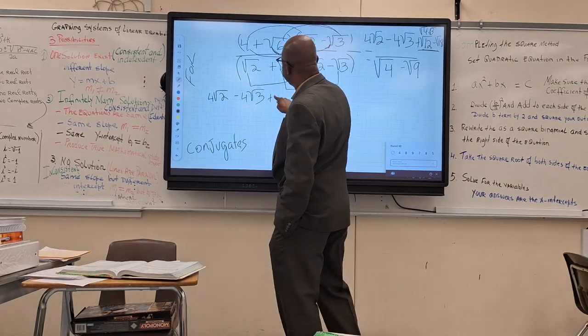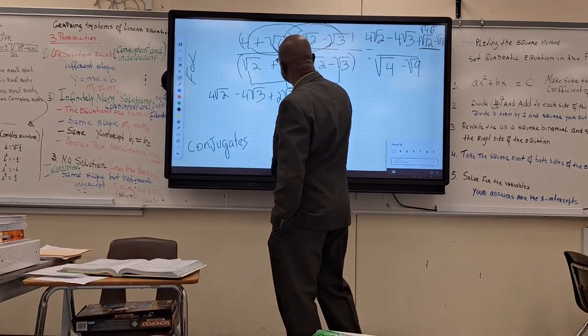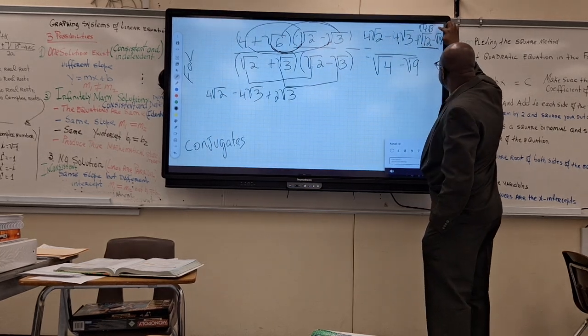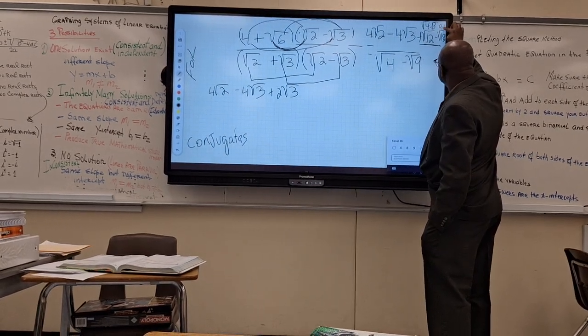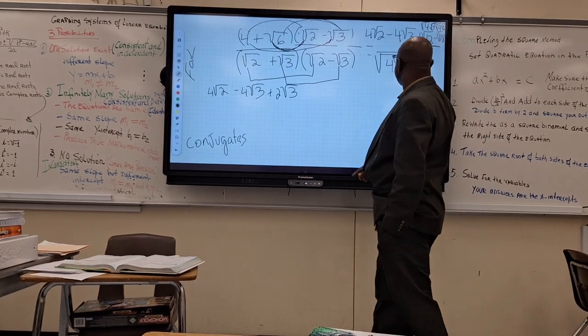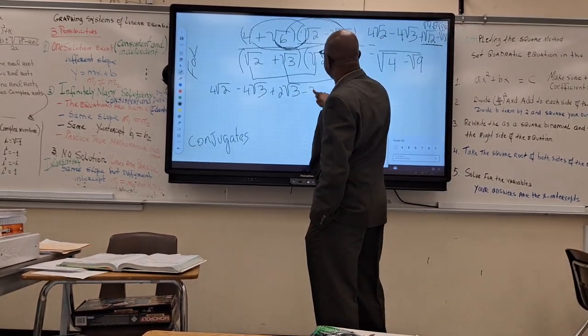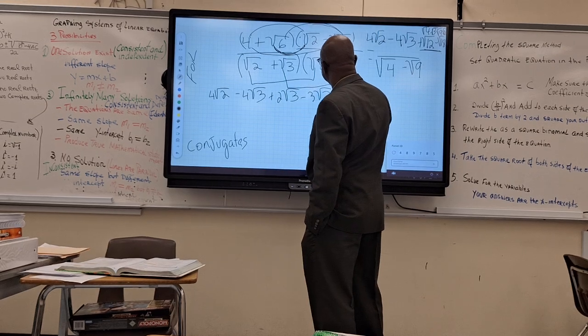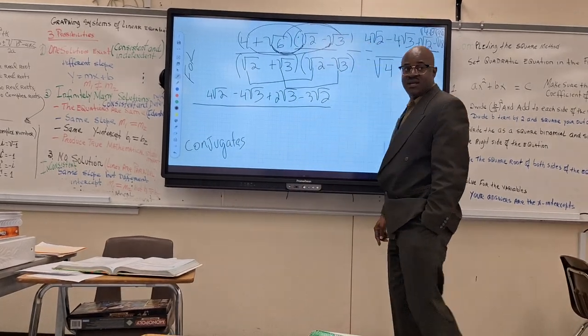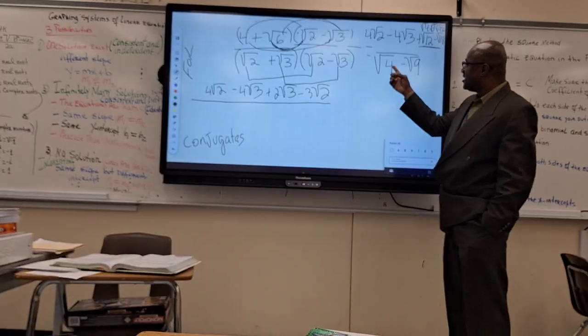That's a positive 2 root of 3. And 18 is 9 times 2. Then you take the square root of that. That will give you negative 3 root of 2. Alright? That's your numerator.